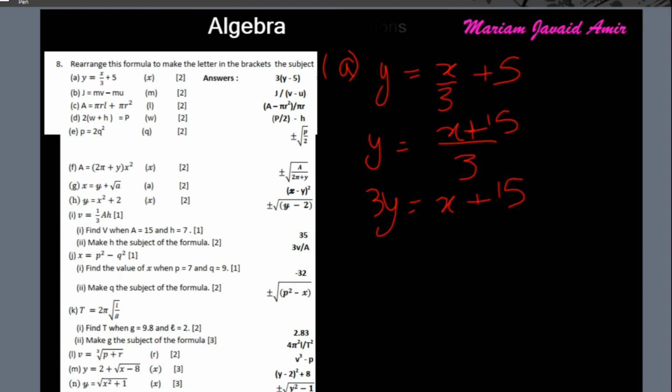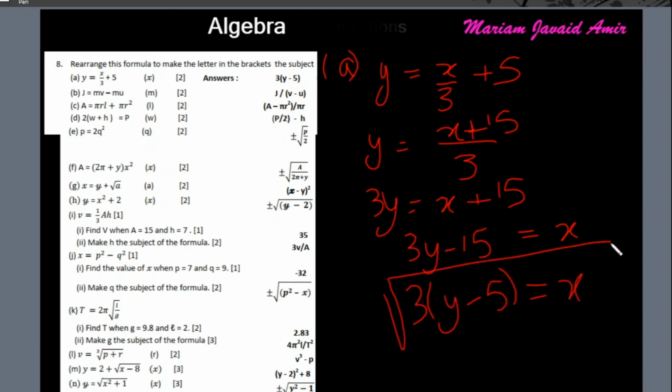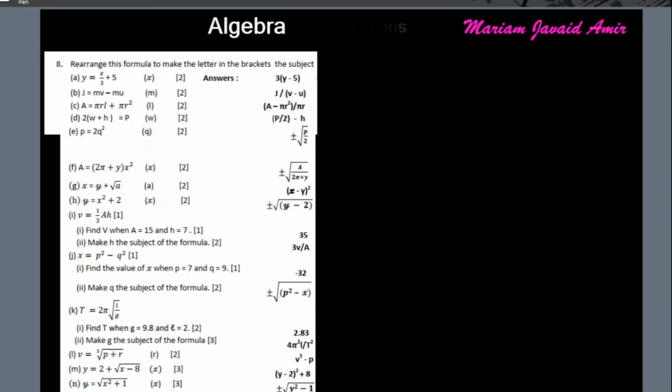So make x the subject. So 3y minus 15 is equal to x. So we've made x the subject. You may also factorize this and give the final answer in this form. This was part A.